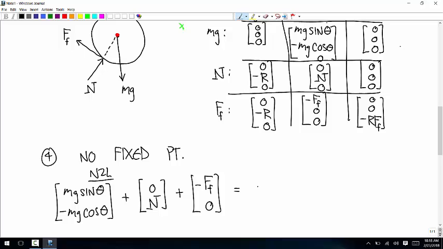We know that the acceleration is going to be parallel to the x-axis, so I'm just going to call this AC, 0.